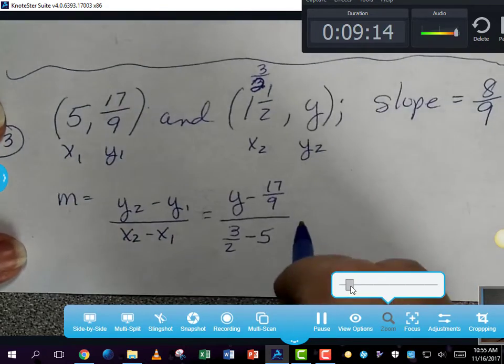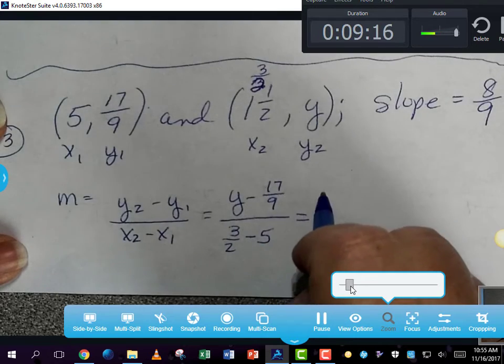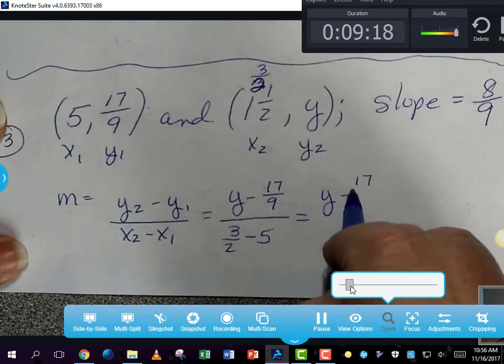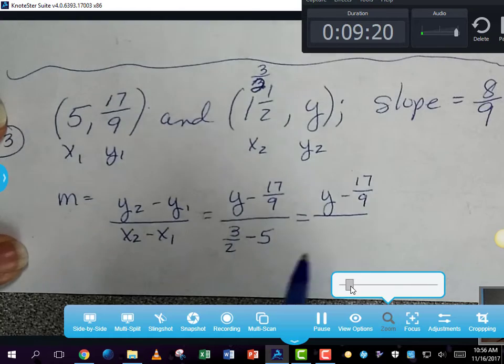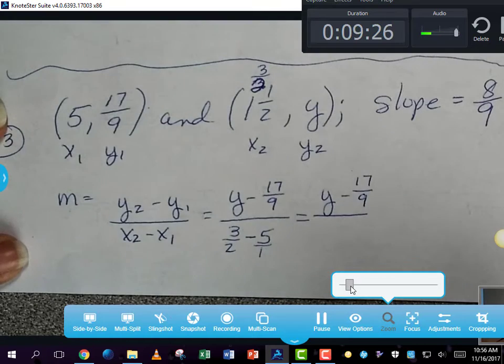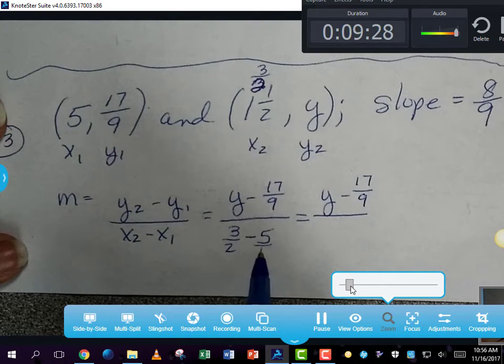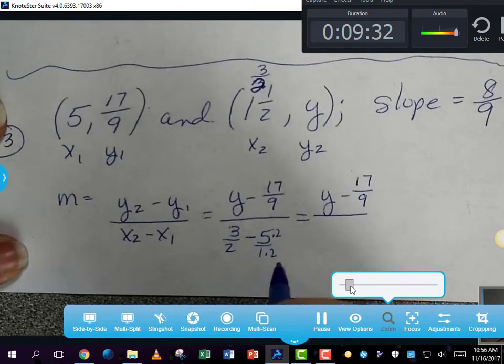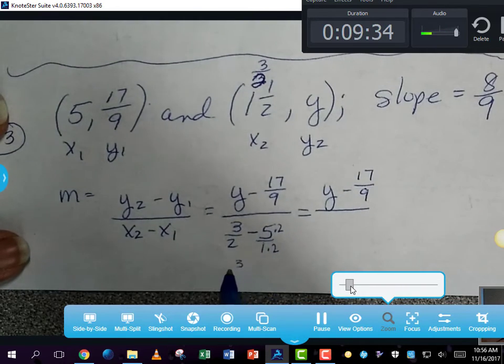I'm going to go ahead and simplify. In the numerator, they're not like terms, so I cannot simplify that further. In the denominator, 5 is going to be the same as, okay, make it a fraction, put it over 1, and then I need this denominator to be a 2, so I'm going to multiply the numerator and the denominator by 2, right? So that's going to give me 3 halves minus 10 halves.